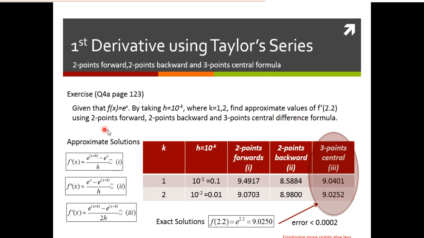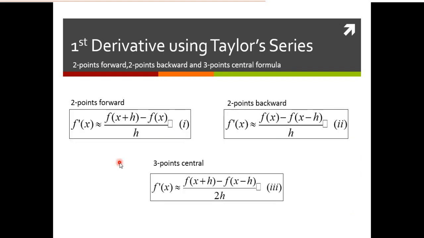So in this question, it is very clearly stated that you have to use these three formulas to approximate the value using the differentiation method at x equal to 2.2. So straightforward, you know that you're going to use the three formulas which I showed you before.